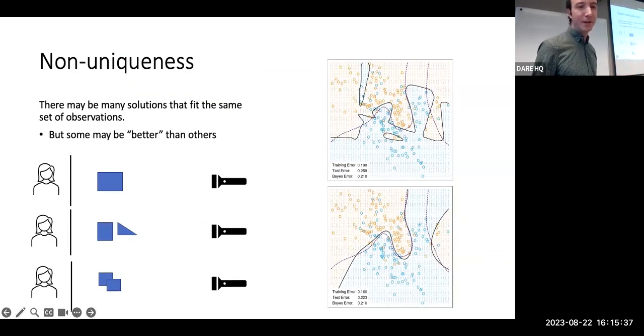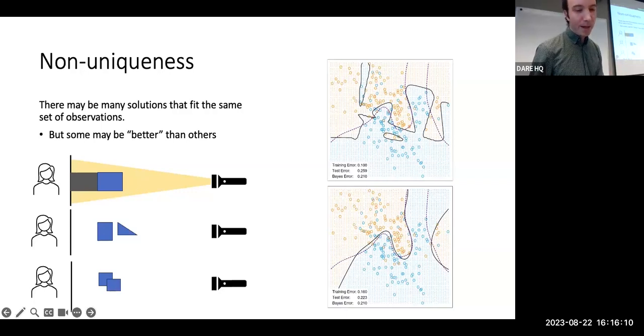There's also the problem of non-uniqueness. There might not be one single groundwater flow model, but multiple models that reproduce our data equally well. A good analogy for this, which I probably don't have to explain to you because you understand it so well, is a screen with a person looking at it, and they're looking at the shadow cast by an object. Here's a torch shining onto an object and casting a shadow, like charades.